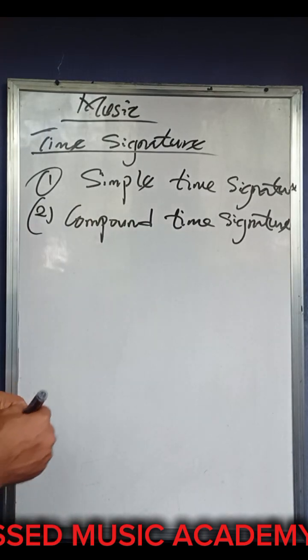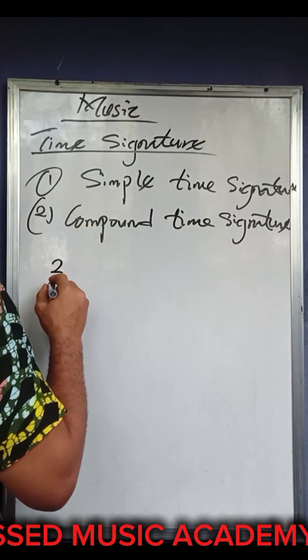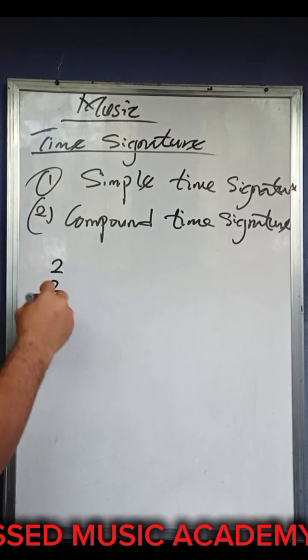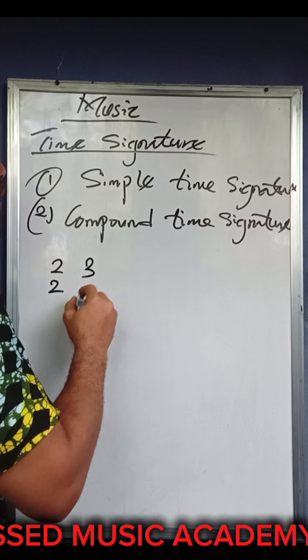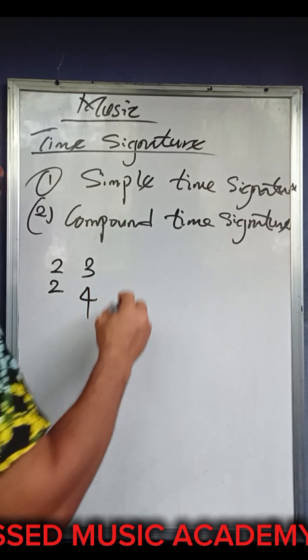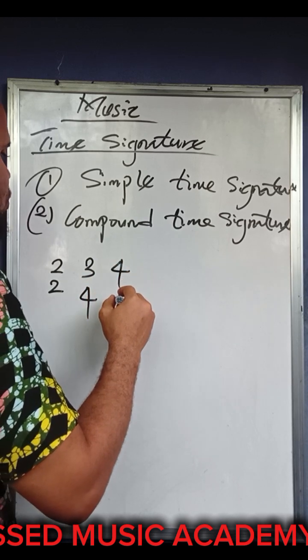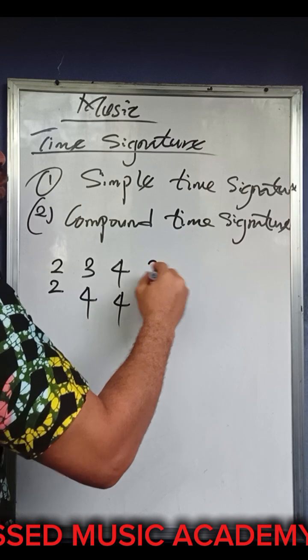For example, of a simple time signature, you have 2-2. I'm going to be explaining them one after the other. We have 3-4, we have 4-4, we have 2-4.